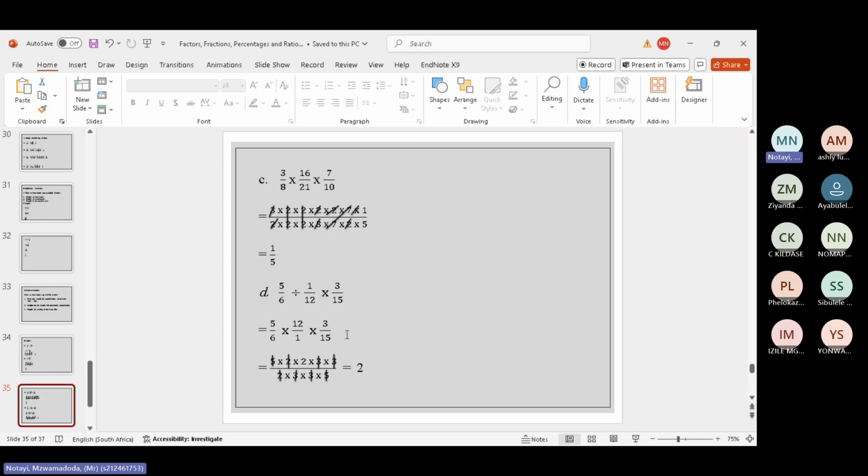Now there's multiplication and multiplication, so we can just multiply the numerators alone and the denominators alone. 12 in prime factors is 2 times 2 times 3, then times 3, and 6 is 2 times 3, and 15 is 3 times 5. Then we cancel whatever appears at the top and bottom at the same time. So our answer is 2.